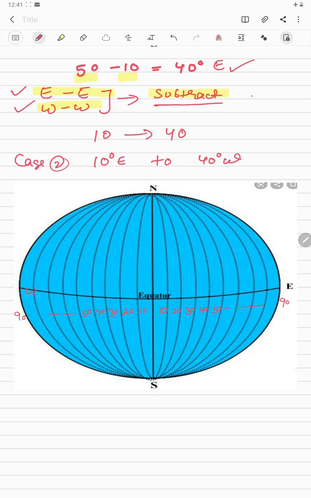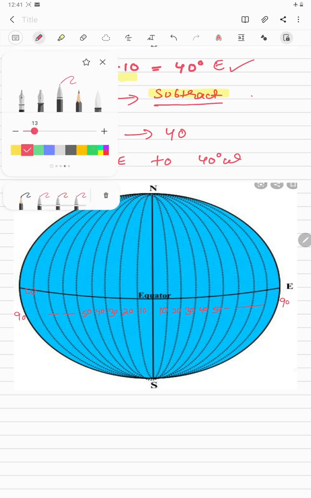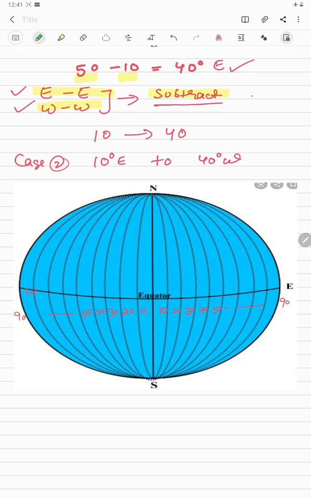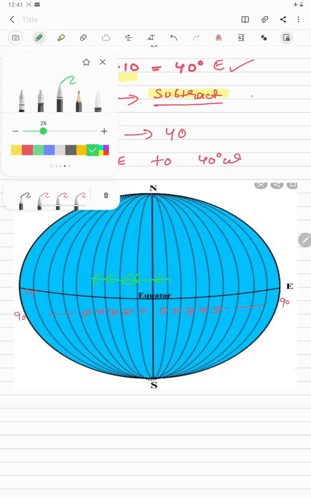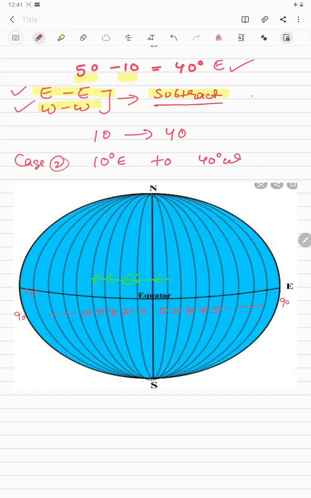So now, guys, I'm going to take up a different color marker. Let's take the standard green. We are moving from 10 degree east towards the 40 degree west. So this is my 10 degree east, and here I go 10, 20, 30, and 40 west. So I am moving like this. In moving from 10 degree east to 40 degree west, how much have I moved? That is the question, because I have told you that what matters is how much you have moved.